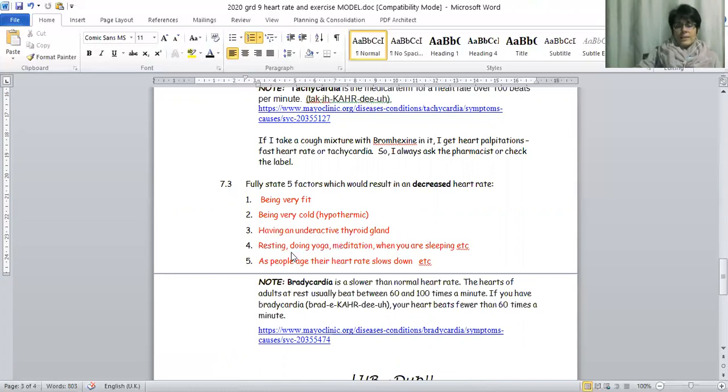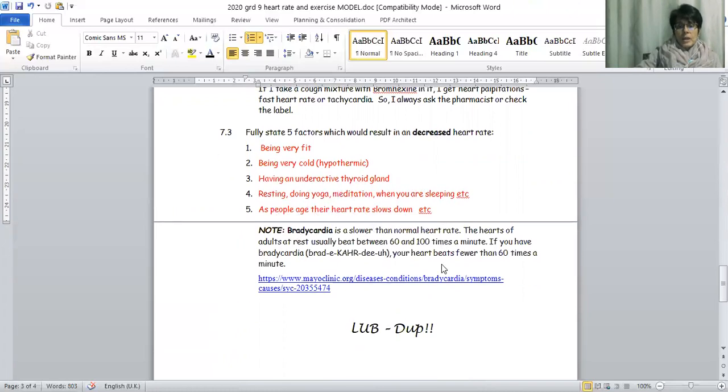Okay, and then resting, doing yoga, meditation. Maybe we should do some of these. When you're sleeping, okay, when you're relaxing. And as we age, our heart slows down as well. So the proper word for a slow heart rate is bradycardia, slower than normal. But here we're talking about consistently slow, not slow then fast, which happens in a normal day.